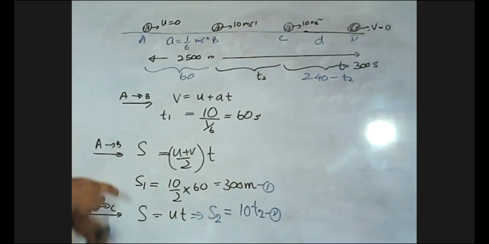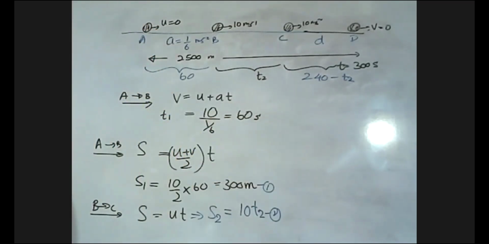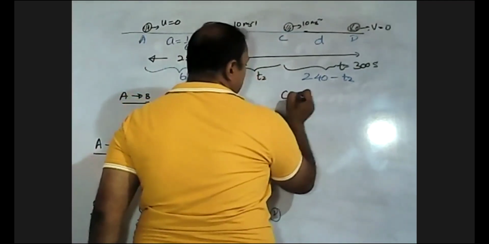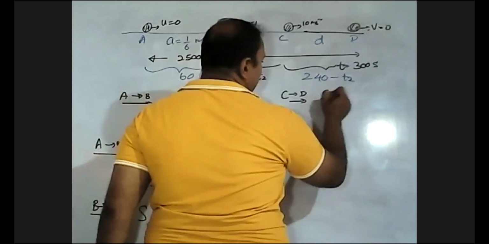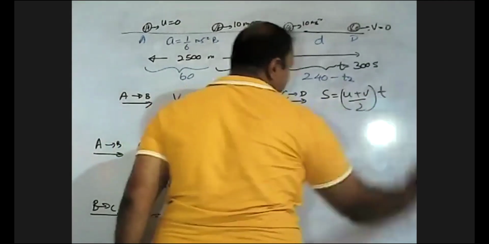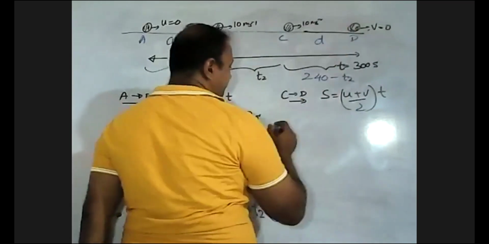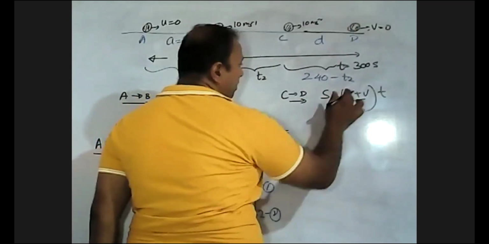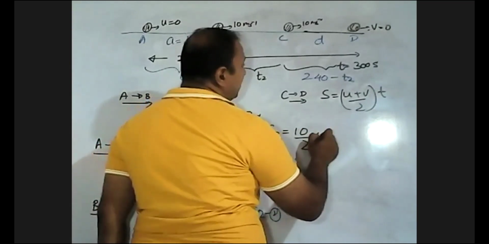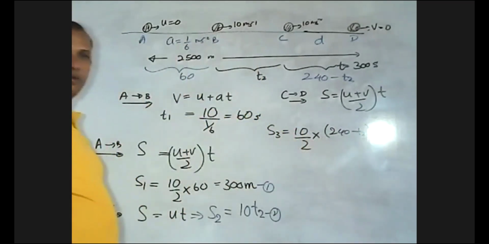Then this part. Again, we can use the same equation. From C to D, S equal U plus V over 2 times T. In this case, V is 0, U is 10. So S3 is equal, U is 10, V is 0, T is 240 minus T2.